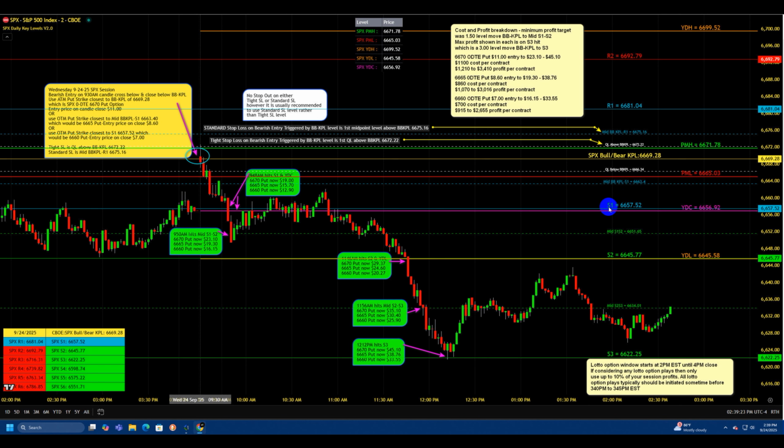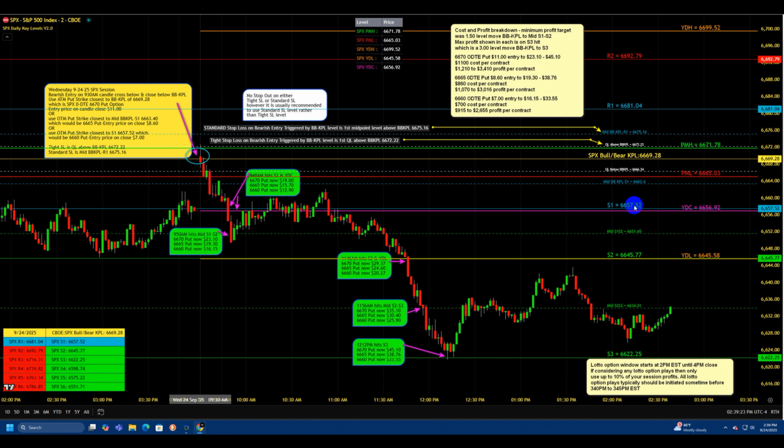Next and finally, we have the S1 level, 66.57.52. The closest put strike to that is 66.60. If this was below 66.57.50, such as say 66.56.70 as an example, then the closest strike would be the 66.55 strike.